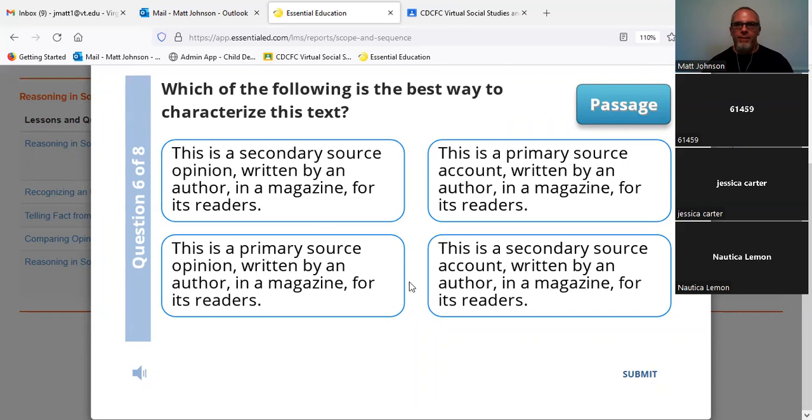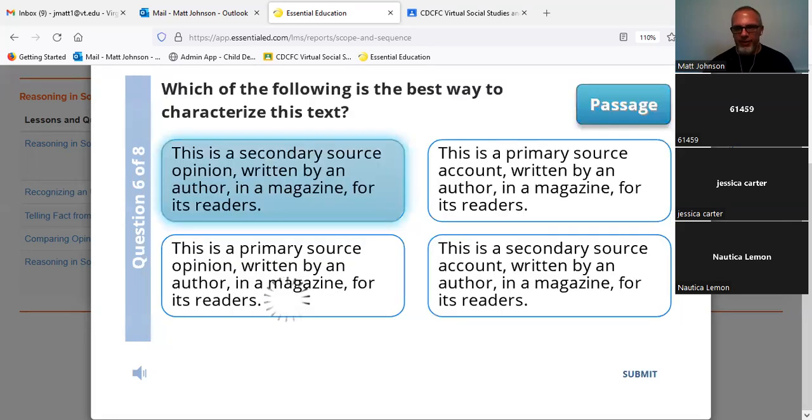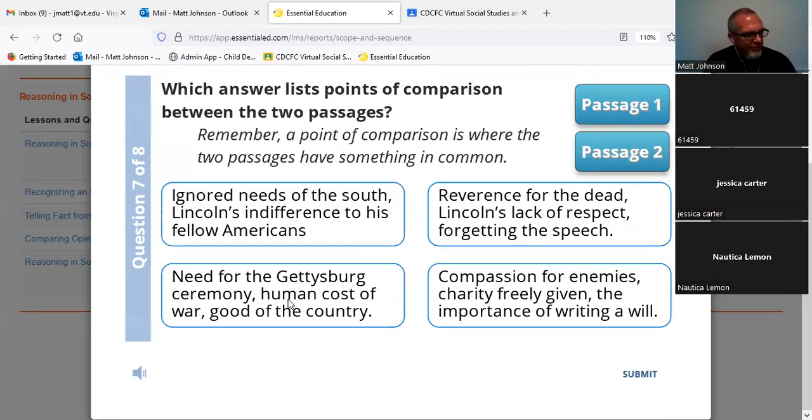Not an account, because it has a glowing homage to Lincoln. Written obviously 40 years past the Gettysburg Address.